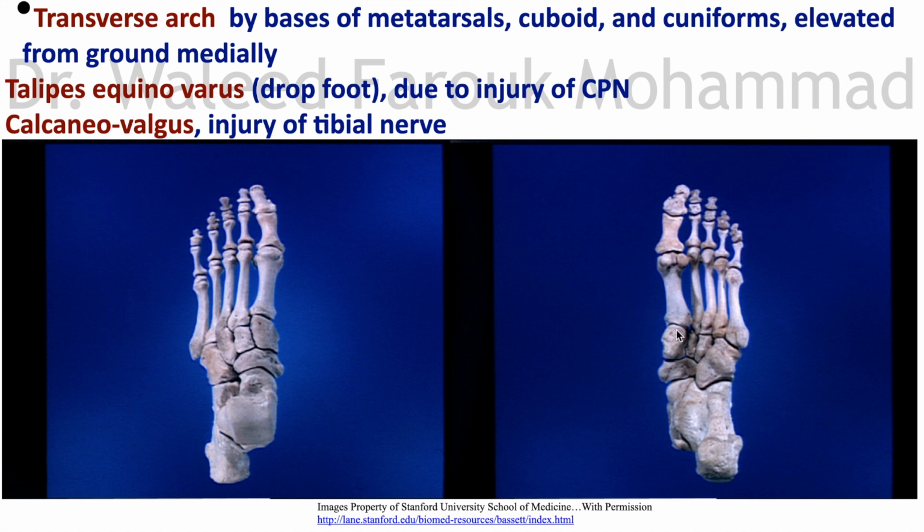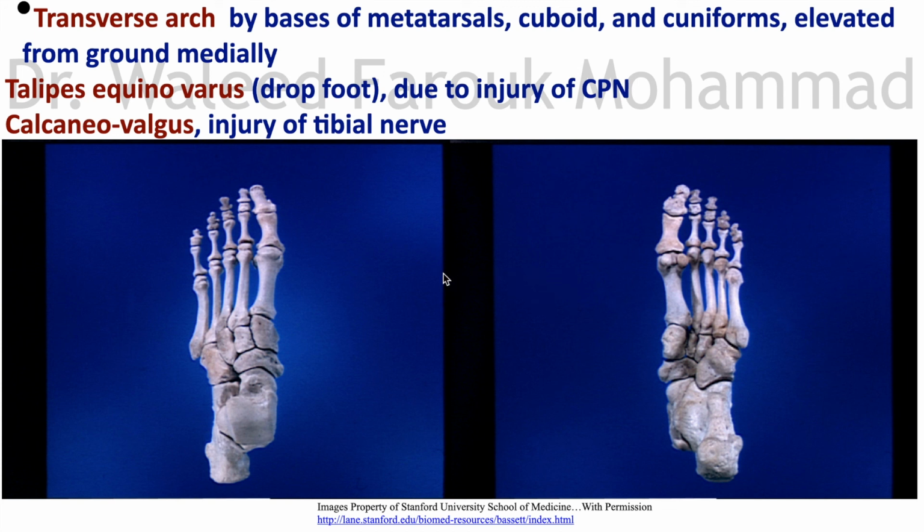Let's apply the beam theory. What holds this end to this end? Yes, exactly. The tendon of peroneus longus muscle, because it traverses the foot from lateral to medial. So it pulls on both ends of the transverse arch.